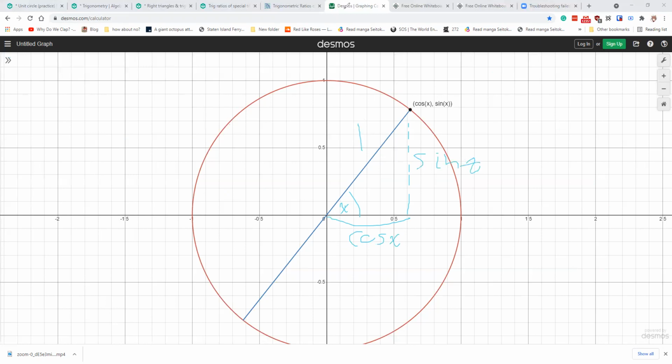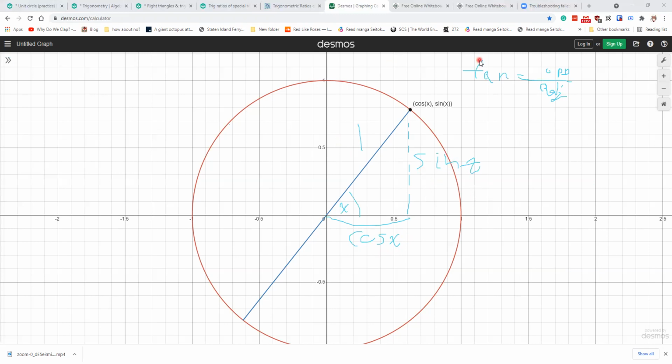Now, remember that tangent is equal to the opposite over the adjacent, right? Because SOH CAH TOA. But as we just saw, when the hypotenuse is equal to 1, we get that the adjacent is equal to cosine x, and the opposite is equal to sine of x.